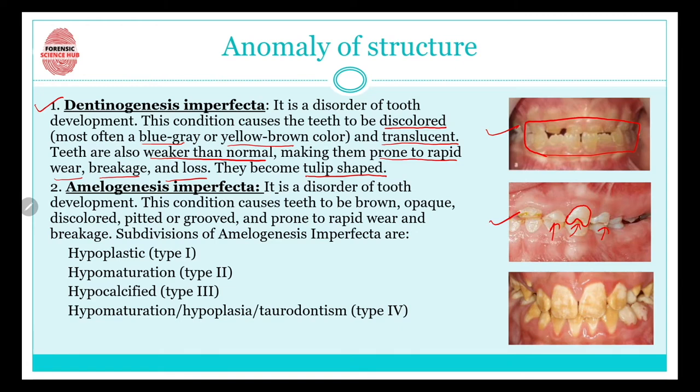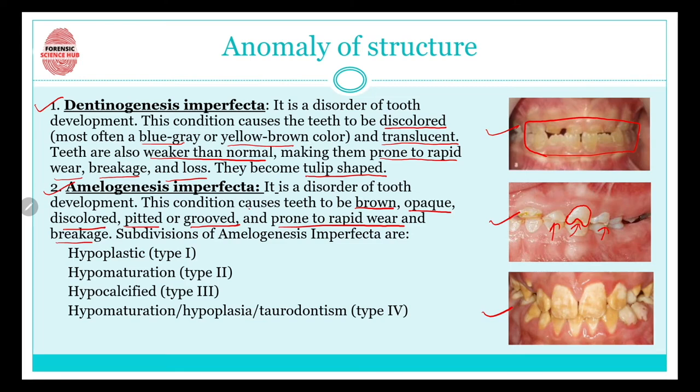Then comes amelogenesis imperfecta. It is a disorder of tooth development. This condition causes teeth to be brown, opaque, discolored, pitted, grooved, and prone to rapid wear and tear and breakage. If you look at this particular picture, the teeth appear kind of brown, yellowish, right? Discolored, right? And they are pitted, grooved, and also prone to wear and tear and breakage.